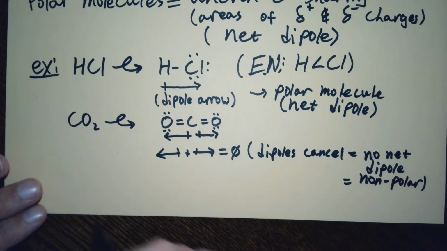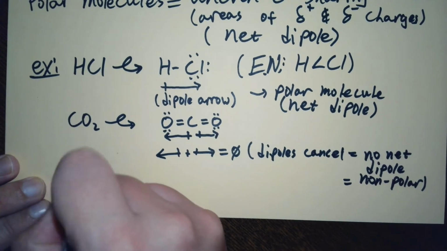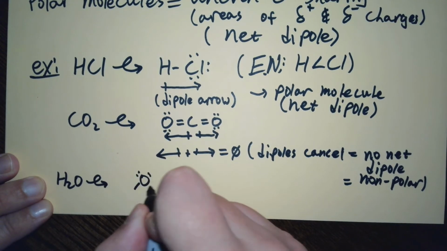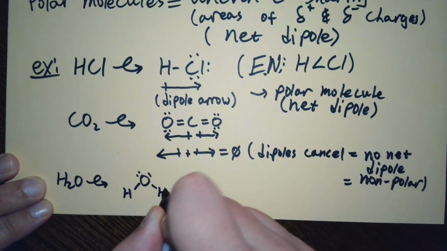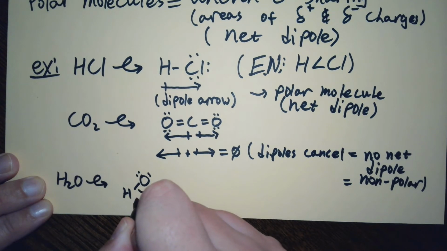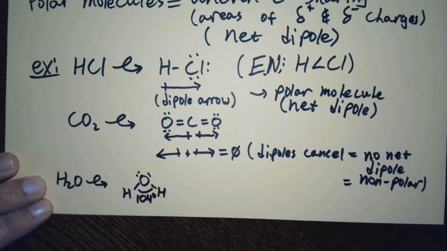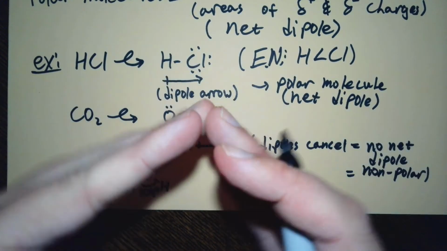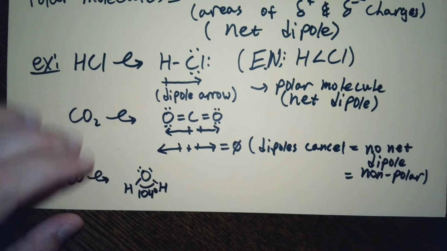Now if I compare that to, say, H2O, remember this was a bent. So this was about, I think, 104 degrees on the bond angle. So they're not 180, it's a bent geometry because of those 2 lone pairs right there.